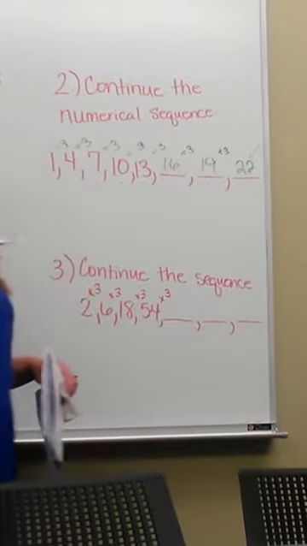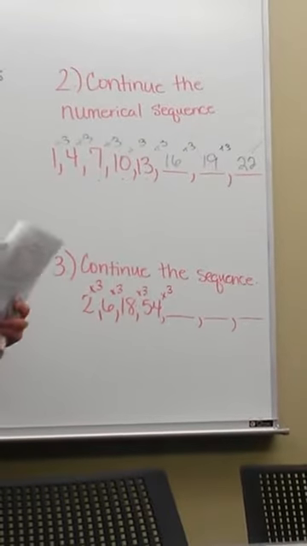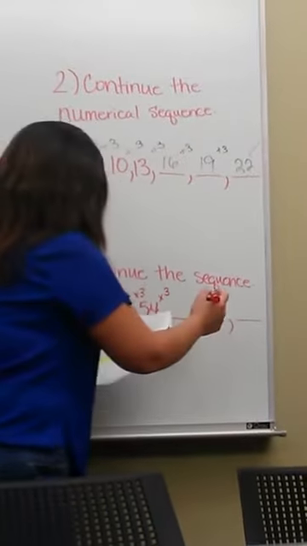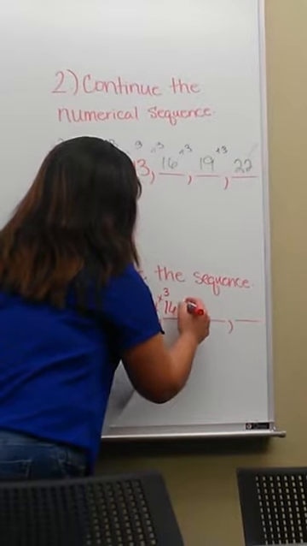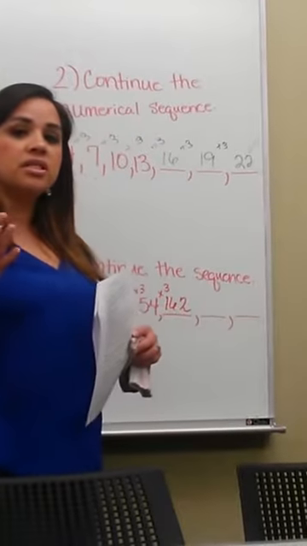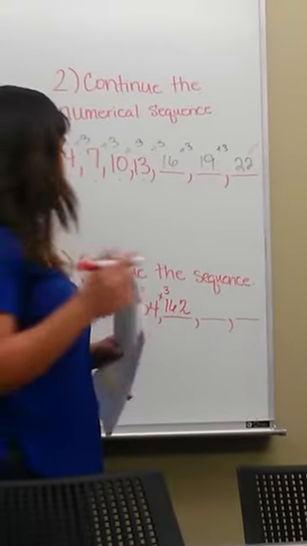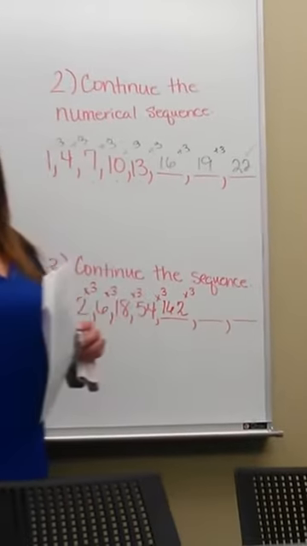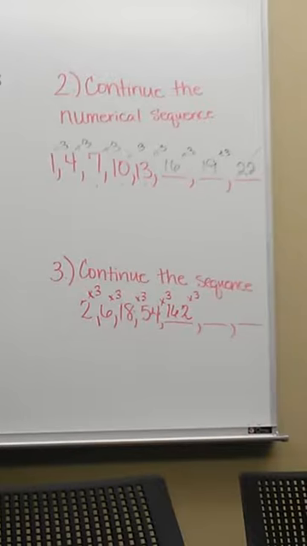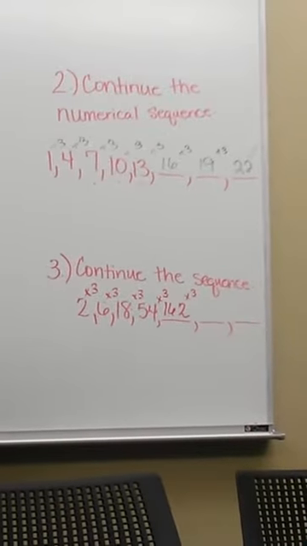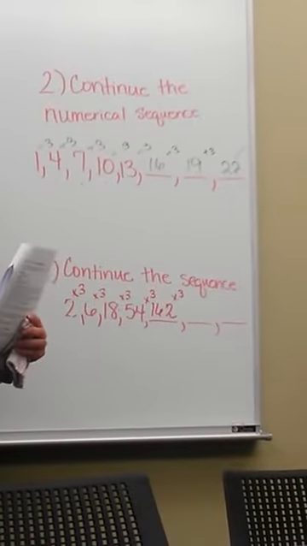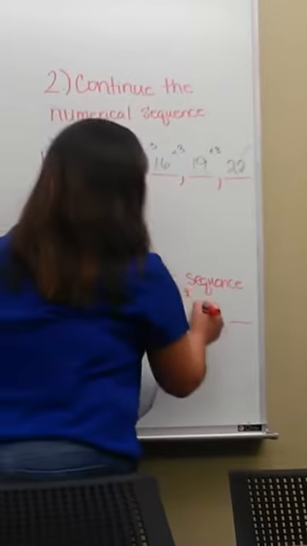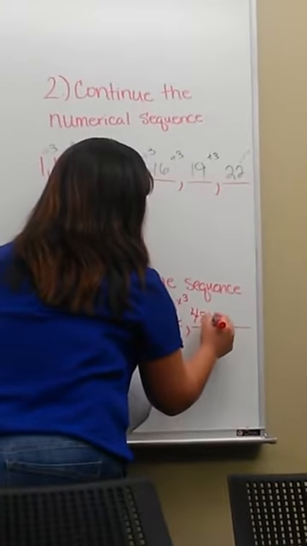So 54 times 3 is what, class? 162. So 162, if you take note and multiply by 3, can someone give me the answer to 162 multiplied by 3? That is actually 486.